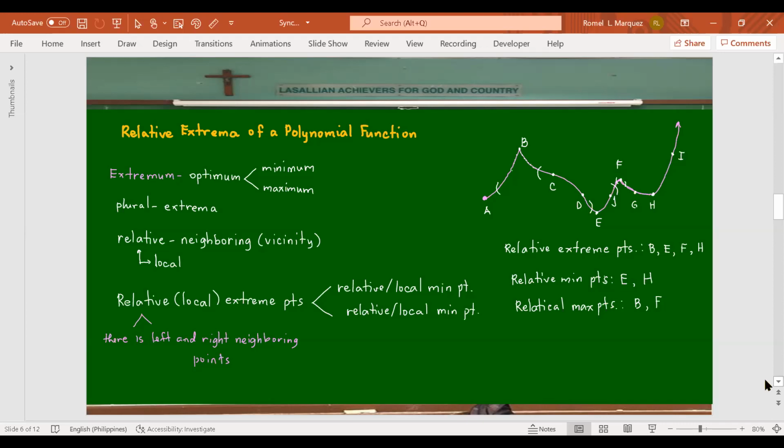Meaning when you are asked of minimum, you don't include the maximum, of course. But if the question is relative extreme points, you have to include all that are maximum and minimum. And if you're asked of relative extreme value of the function, just the y value, not the point.